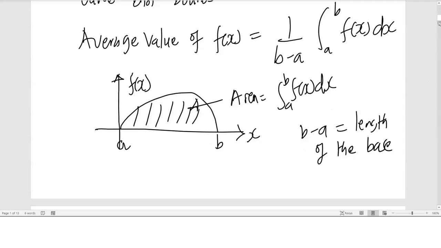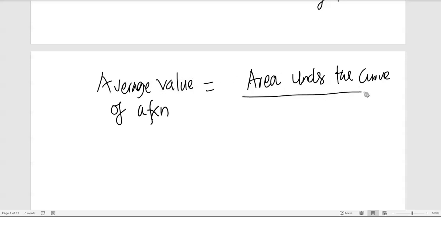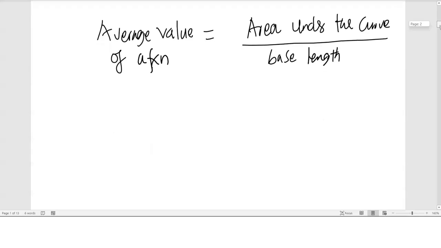So that means the average value of a function will always equal the area under the curve, that is the area the function covers between x equals a and x equals b, divided by the length of the base. So that's how we can get the average value of a function.